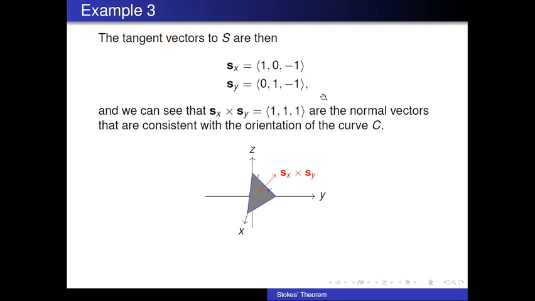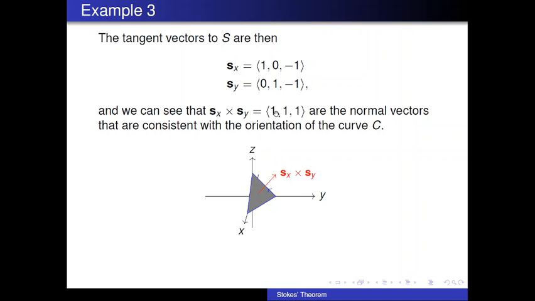Taking their cross product gives us that s sub x cross s sub y is 1 in the first component, 1 again in the second component, and 1 in the third component again. So the normal vector field to this plane is actually a constant vector field at every single point (x, y, 1 minus x minus y).